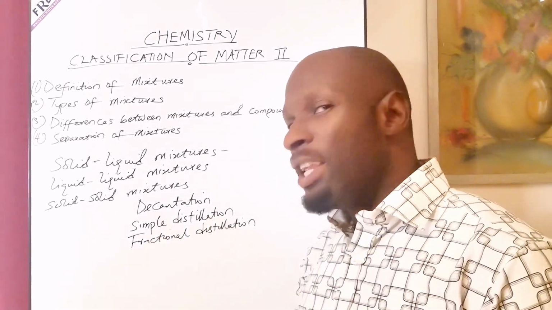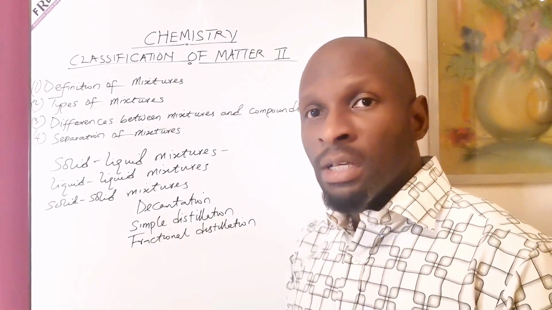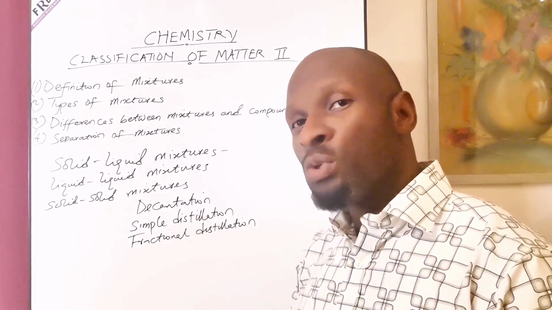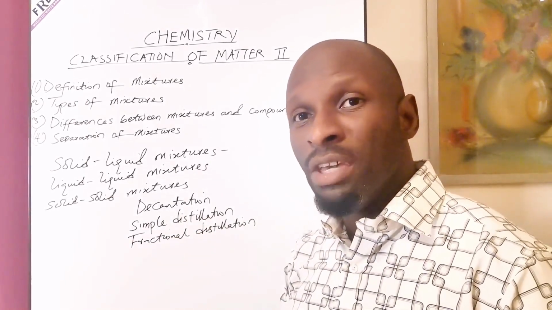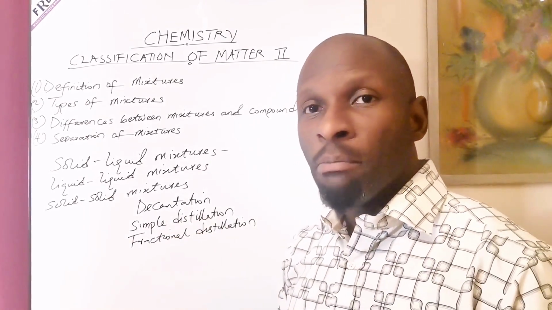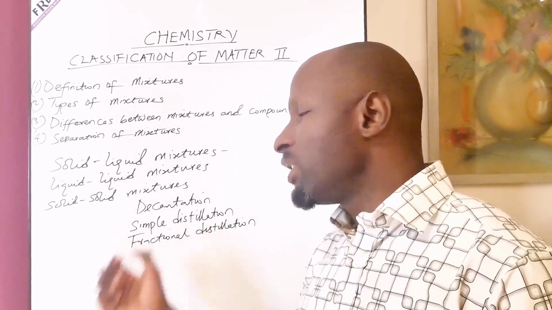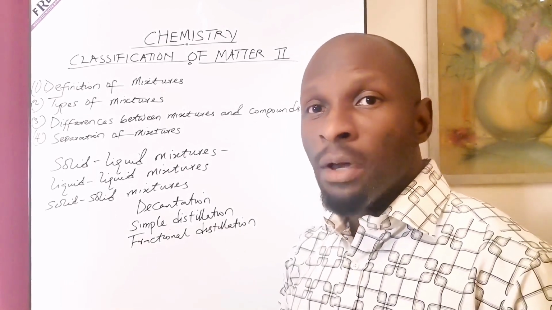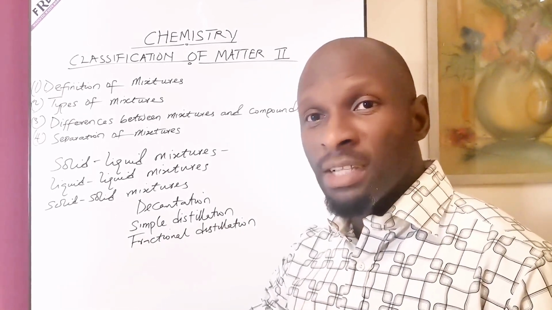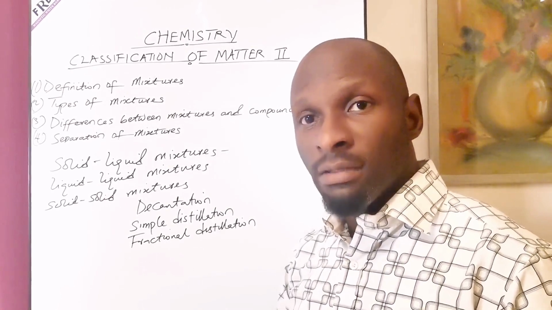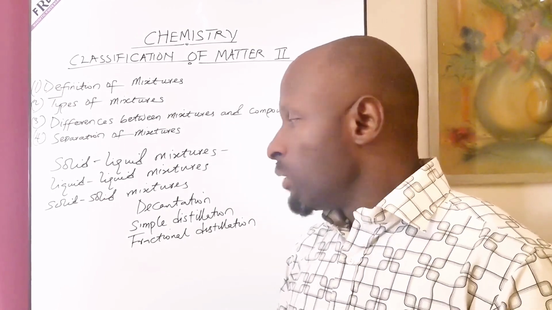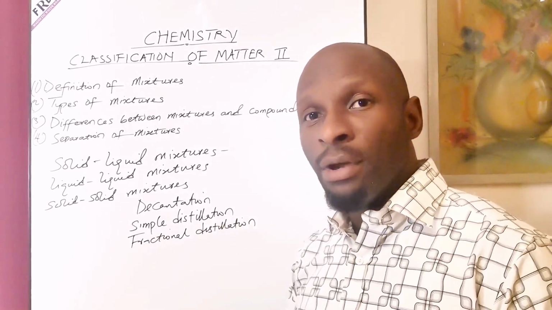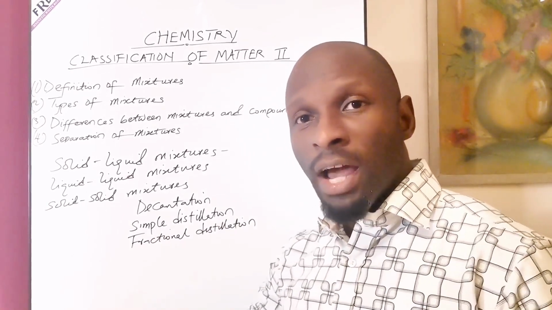While simple distillation can be used to separate a mixture, okay, both simple distillation and fractional distillation can be used to separate mixtures of liquids based on their boiling points. But the difference between these 2 distillations is dependent on the boiling point of the liquids that make up the mixture. We use simple distillation when the boiling points of the liquids that make up that mixture are far apart.